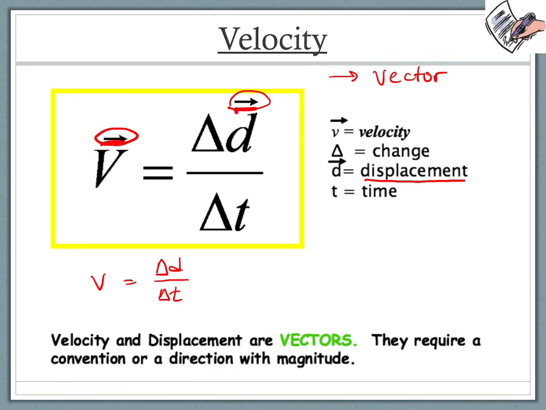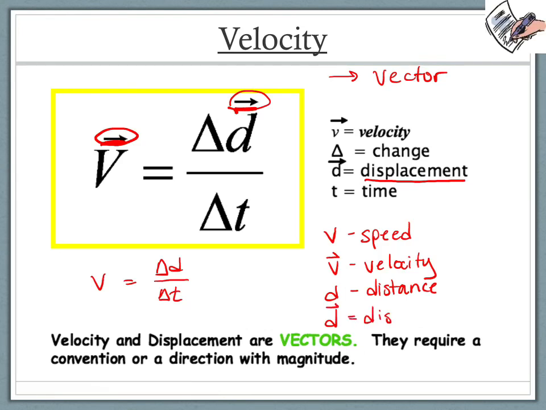And so that's the only way that you know the difference between velocity and speed, okay? So v without an arrow over it is just speed. v with an arrow over it is velocity. d without an arrow over it is distance. And d with an arrow over it is displacement.